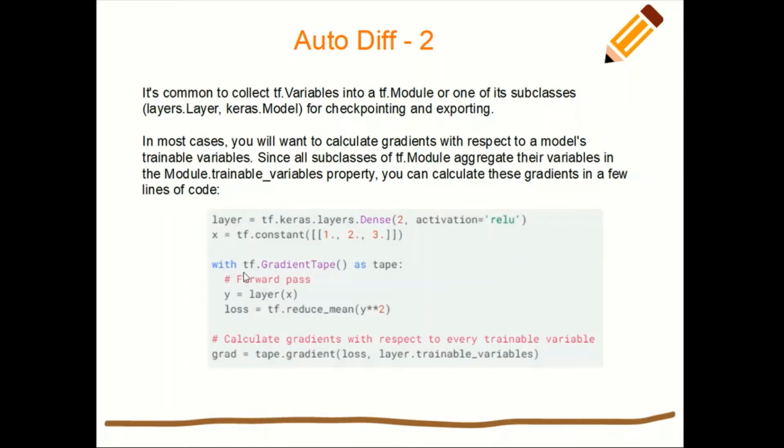And once again we are setting up the context of the gradient tape, and we are doing certain calculations here. We take an input x and pass it to the layer, which calculates this output, and then using that output we calculate a loss value, and then we calculate a gradient using the trainable variables of that particular layer.